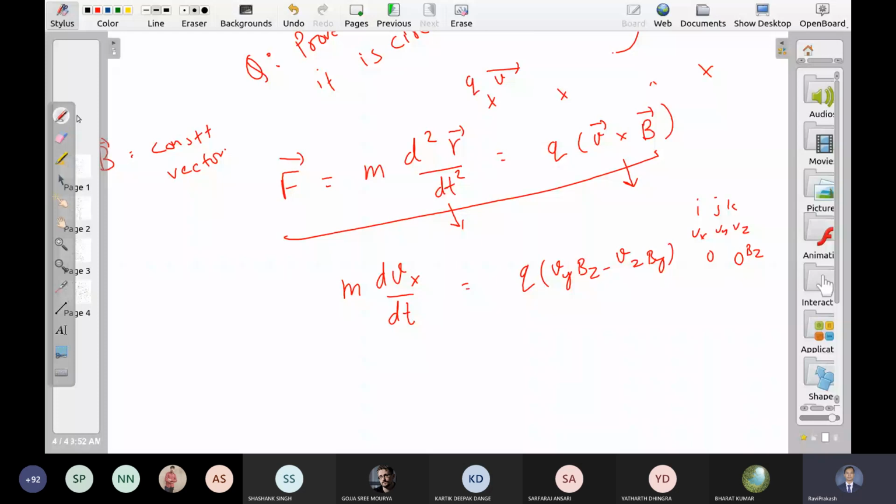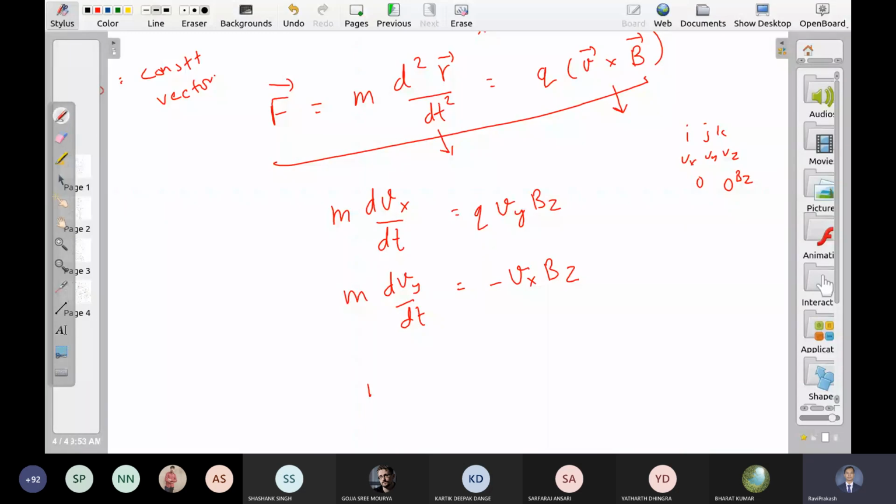So what we have now, Q, by, bz, m dby over dt is equal to minus bx bz, m dvz over dt is 0. Okay.